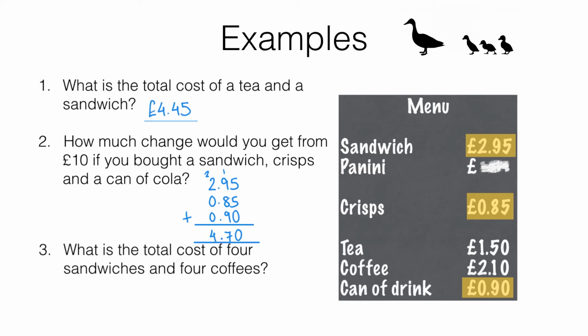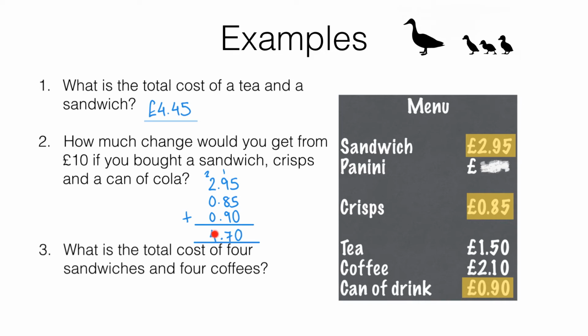But that's not the answer to the question. £4.70 is how much it costs to buy these three items, but the question is asking how much change we would get from £10. So we need to subtract £4.70 from £10. Now, I like to do this in my head. I want to think, how much do I need to add on to £4.70 to get up to 10? That will give me the answer to the question.